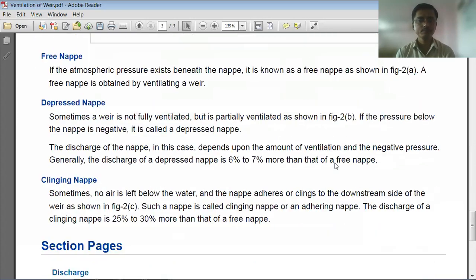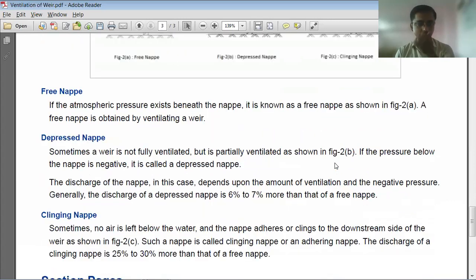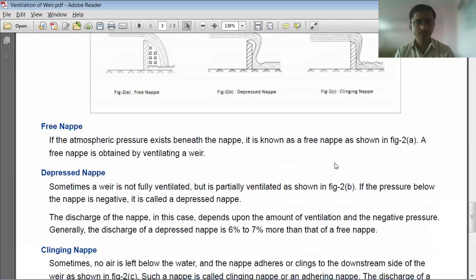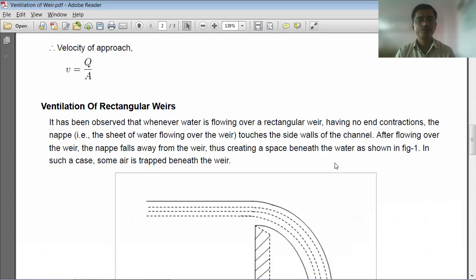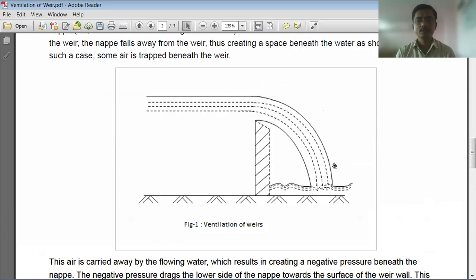So these are the 2 points that we have covered here, that is ventilation of Weir and types of the nappe. So first write down their title, ventilation of Weir. I think you have written there. You can draw the diagram like this. Draw a diagram and show ventilation.